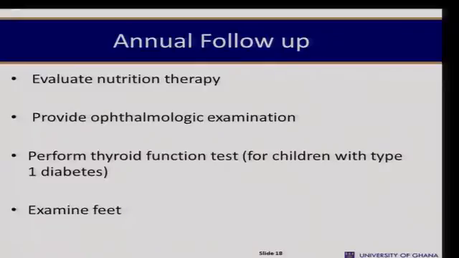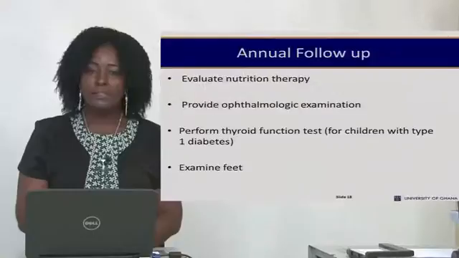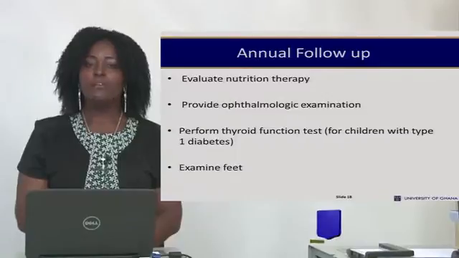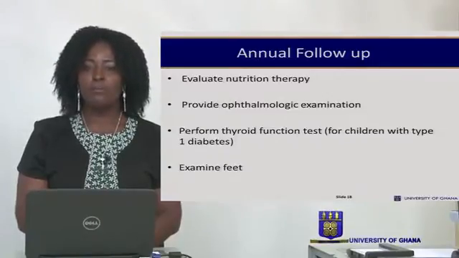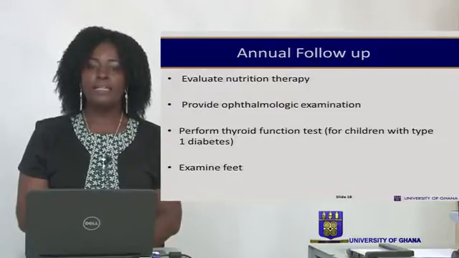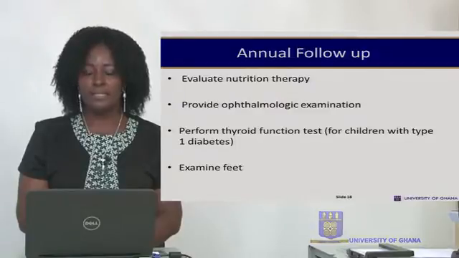Annually, we should evaluate their nutritional therapy, find out how much they are having, what they are eating, and also provide ophthalmic examination and perform thyroid function tests and examine their feet so that if there is any ulcer developing, it will be identified early, and all this is geared towards preventing complications.